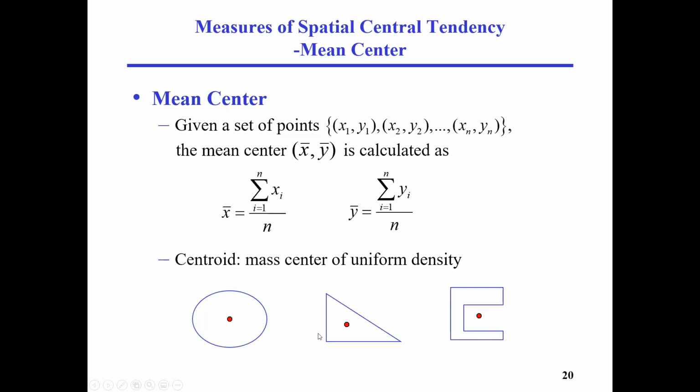So this mass center or centroid or mean center could be inside, could be outside. When you find out X bar and Y bar, you will know that specific location for centroid, right? And then you will know whether it is outside the polygon or inside the polygon.